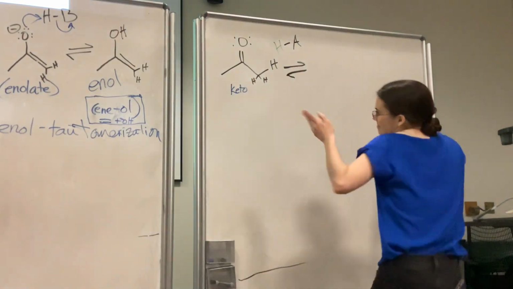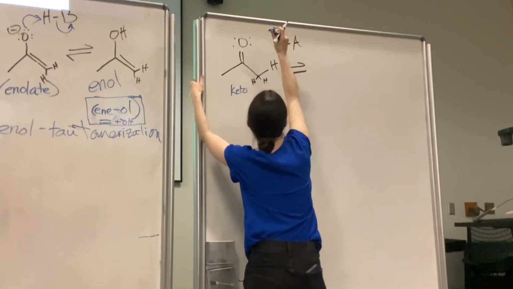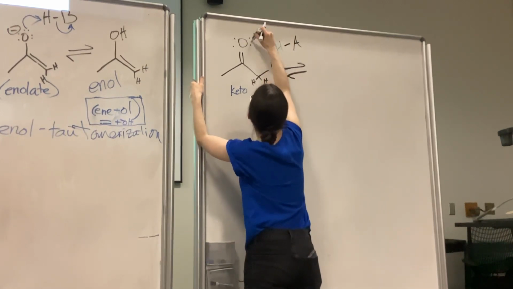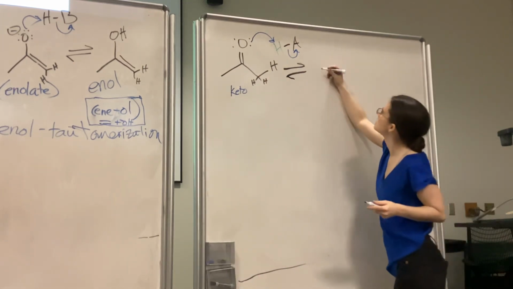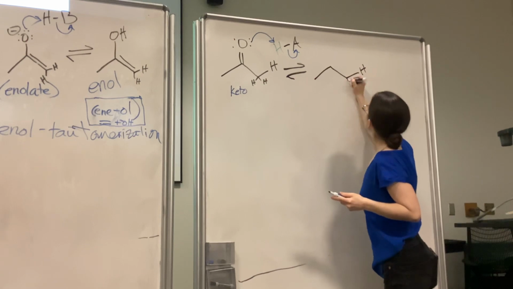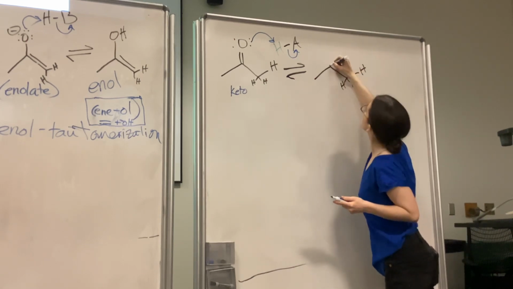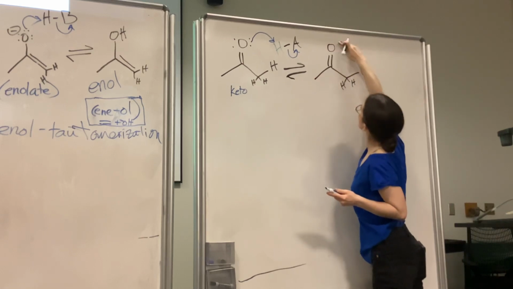But all right, so acid catalyzed. First step we're gonna do is we're gonna go, hey, how about I put my lone pairs to good use? Oh wait, I want to go that way.